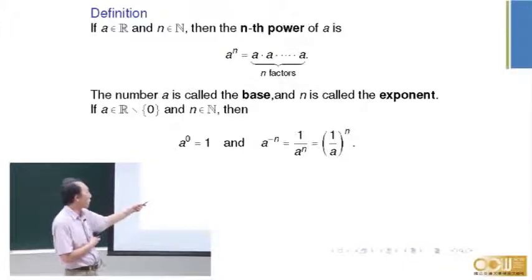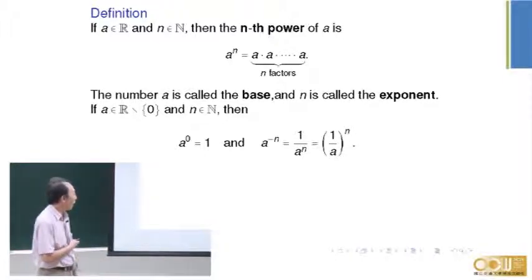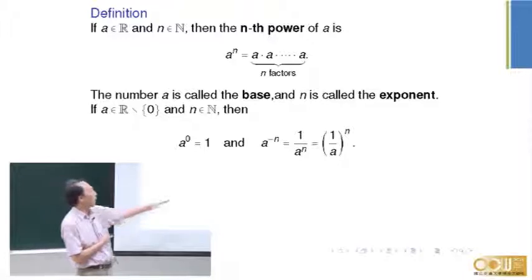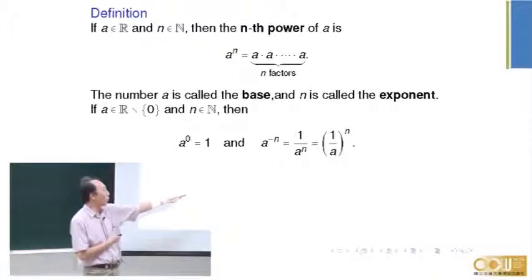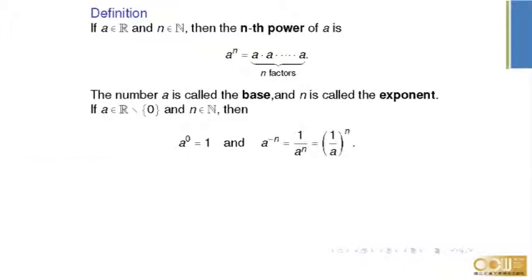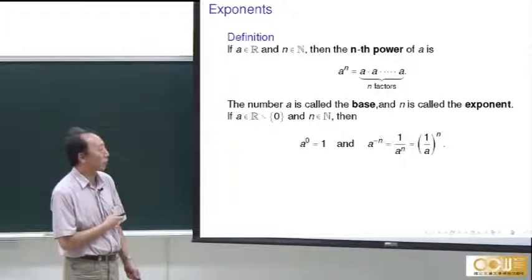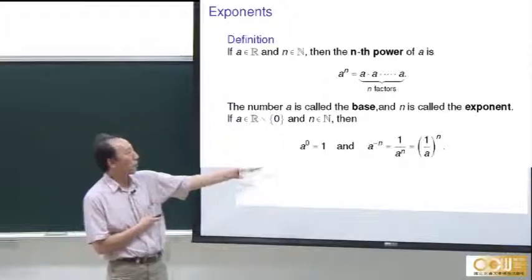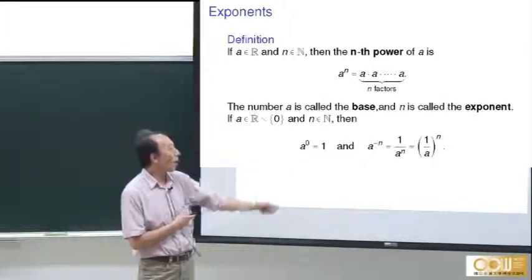Remember that the base number a cannot be 0. We define a to the negative n power equal to 1 over a to the power of n. That's how we define it when the exponent is a negative number. Remember that in the beginning, n is a positive integer.